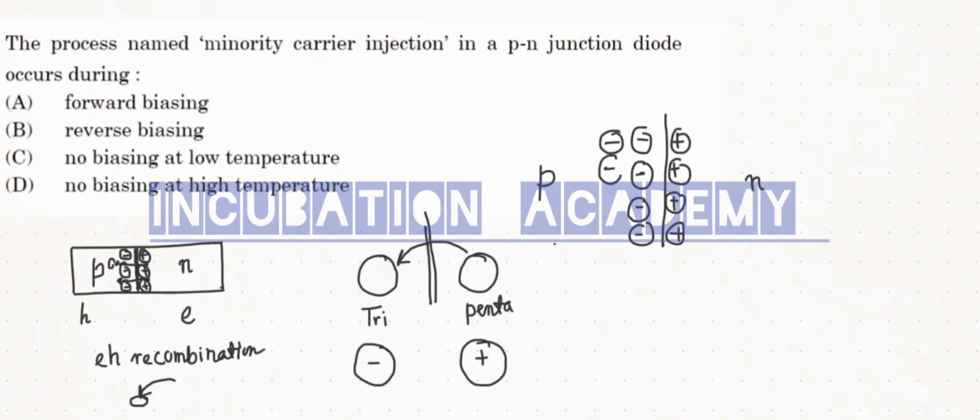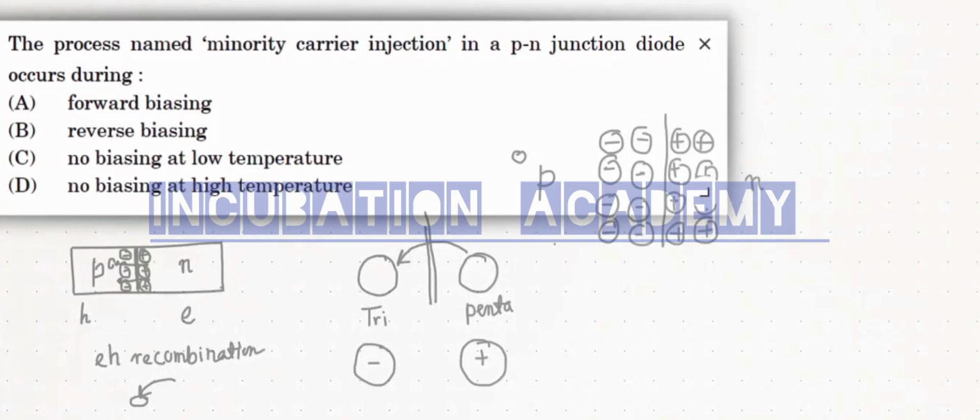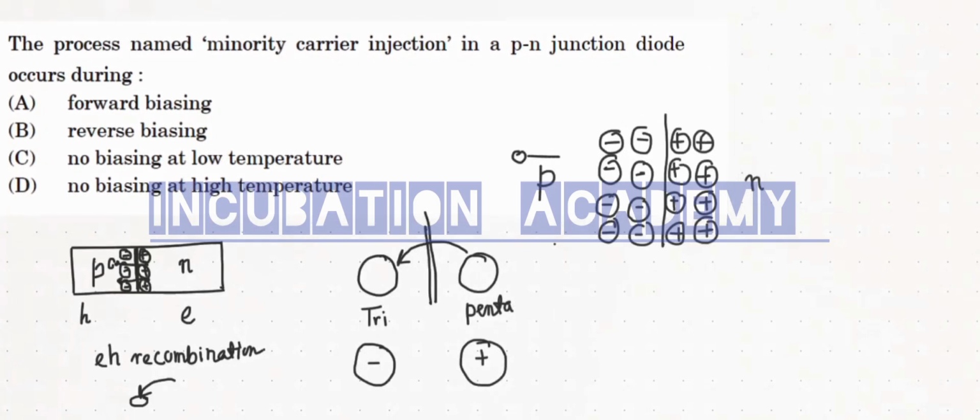If any hole from the P side tries to enter through this barrier, what will happen? Due to the attraction of the negatively charged immobile ions it will get in, but it gets repelled by the positively charged ions, by this potential barrier.